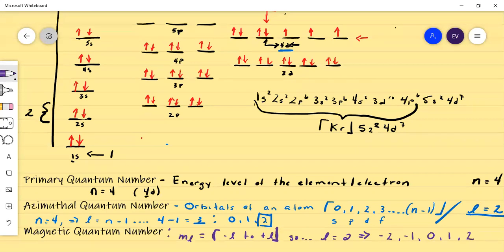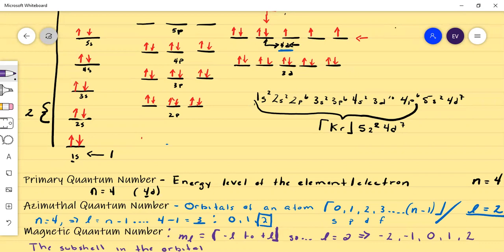Now, what does a magnetic number represent? The magnetic quantum number represents the subshell in the orbital. Okay. Now, I want you to look at the M sub L values. You have negative 2, negative 1, 0, 1, 2.